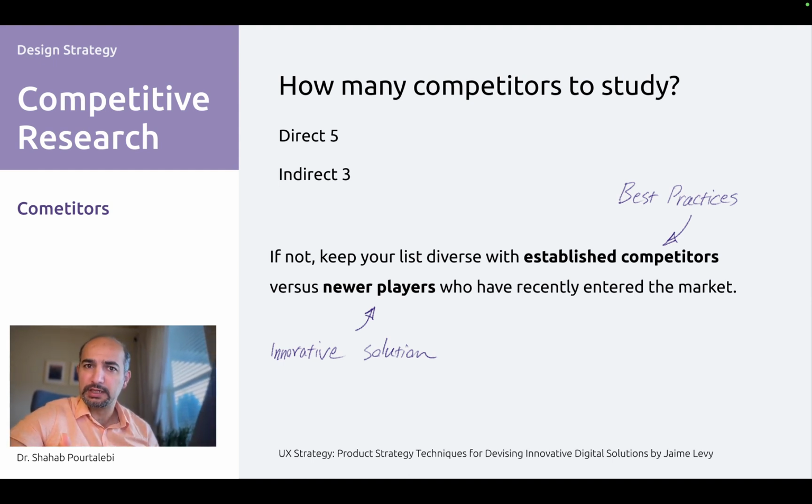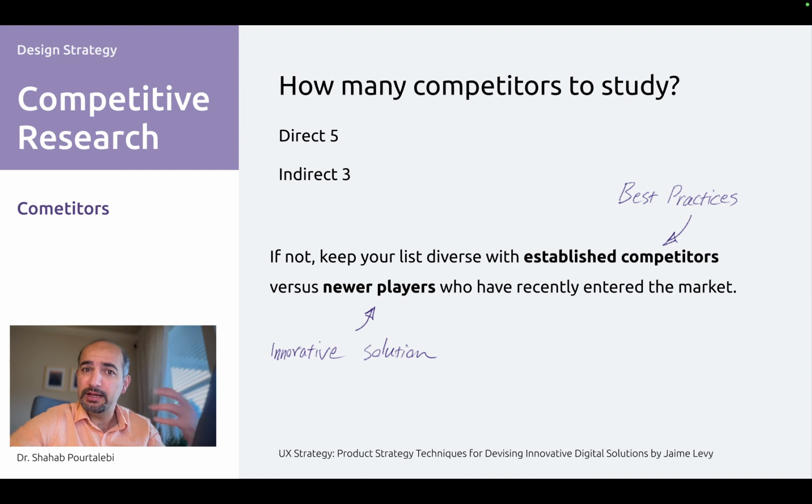Established competitors, they've been around in the market for years. So they know the market, they know how to satisfy the user's requirement. The user's requirement might be different from your user's requirement, or the problem of the user might be the same, but the solution would be different. Or they might target a different user group, for example.